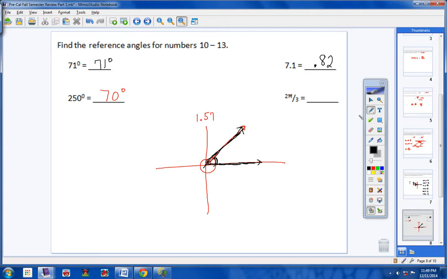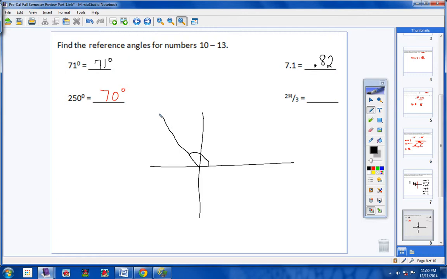Now, what about 2 pi over 3? Okay, well, you can leave it in radians or convert it over to degrees. It would be pretty easy to do if we converted it over to degrees. Converting this over to degrees, we get 120 degrees. So 2 pi over 3 is 120 degrees. It looks something like that. There's the terminal side right there.